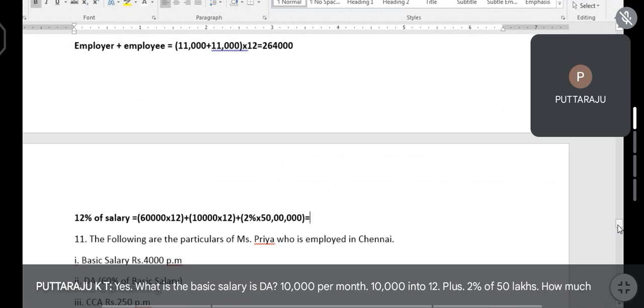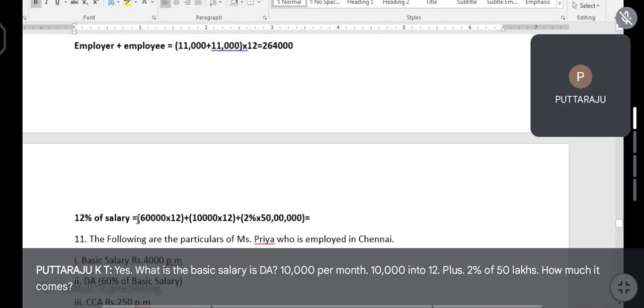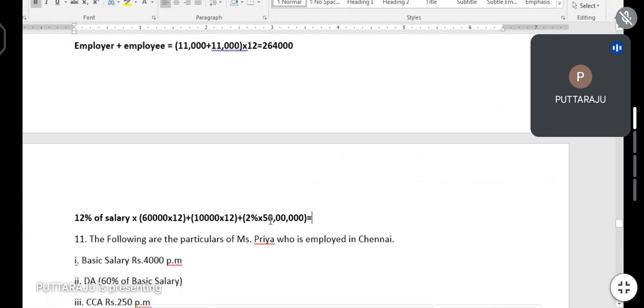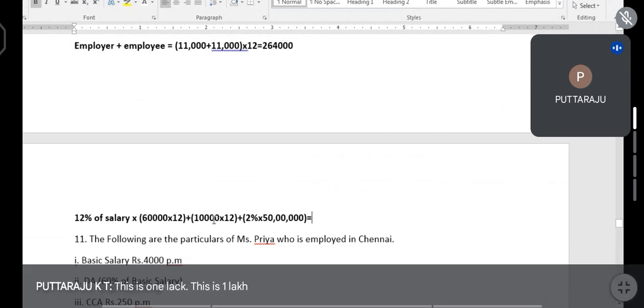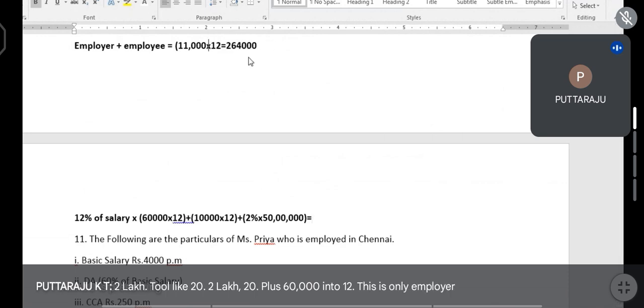How much it comes? 1 lakh, sir. No, 12% of all these three. This is 1 lakh. This is 1 lakh 20. 1 lakh plus 1 lakh 20, how much? 2 lakh 20. 2 lakh 20 plus 60,000 into 12. This is only employer contribution, not both.